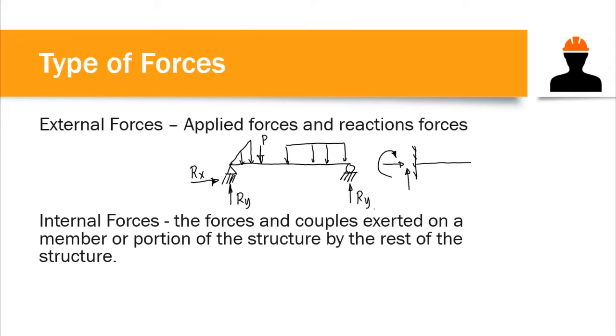Now, internal forces are forces and couples exerted on a member or portion of the structure by the rest of the structure. So these are forces exerted by one part of a structure on another. One example is when we cut our beam at this point, we would have internal forces shown.